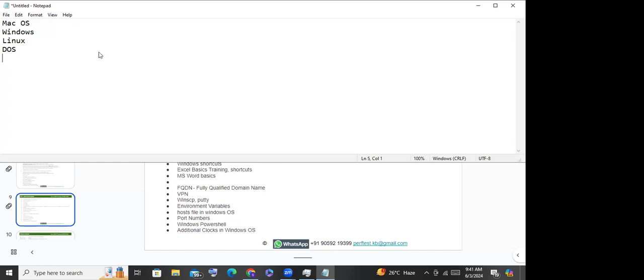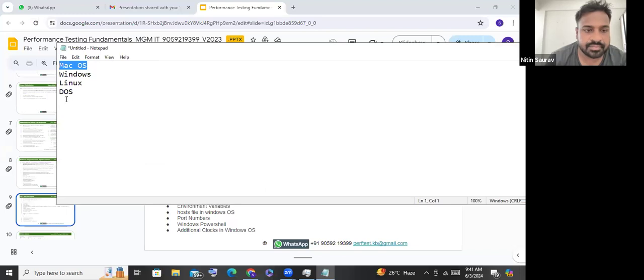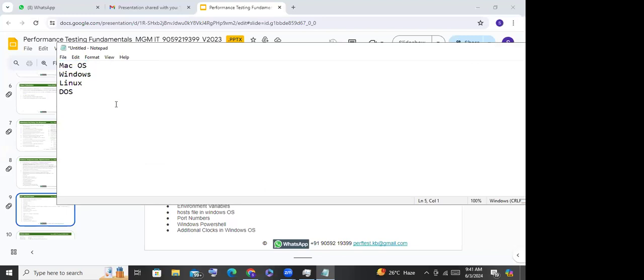You guys are able to see my screen, right? Yeah. And Ubuntu. Windows is already listed. Red Hat Enterprise Linux.